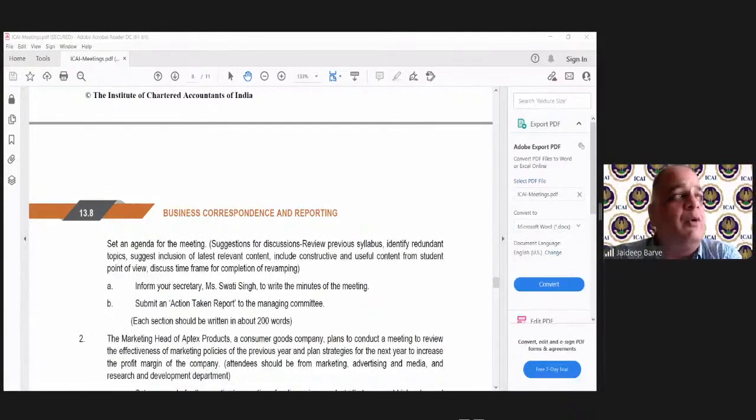Be very careful about your English, because errors in your tenses and spelling mistakes are important and will be considered. Especially in the action taken report, I found that people are still writing as if it's in the future tense. So by and large, study well, write well, prepare well, and come out with flying colors in your examination.